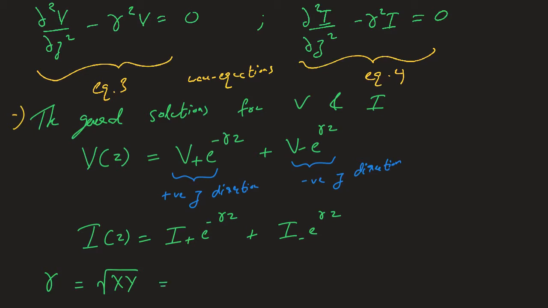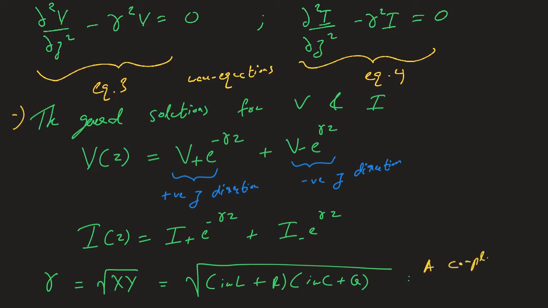So this is equal to the square root of (jωL plus R) times (jωC plus G), and this is in general a complex quantity. So the propagation constant is a complex quantity.